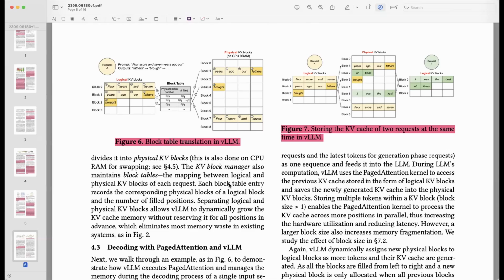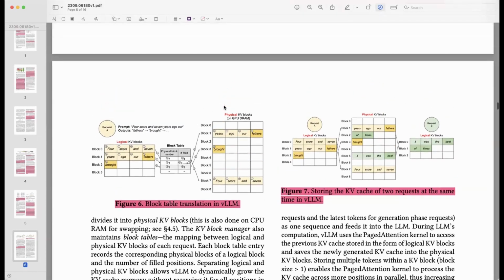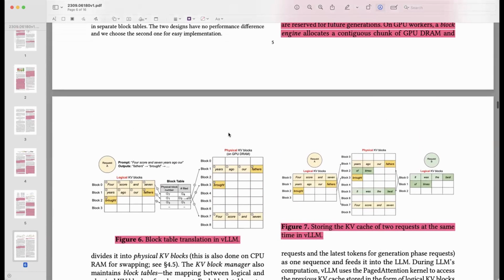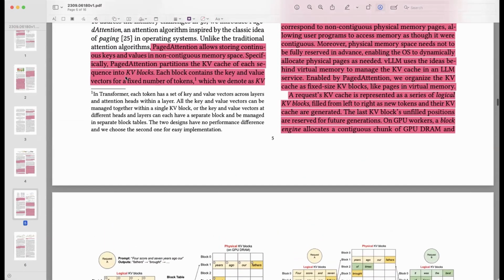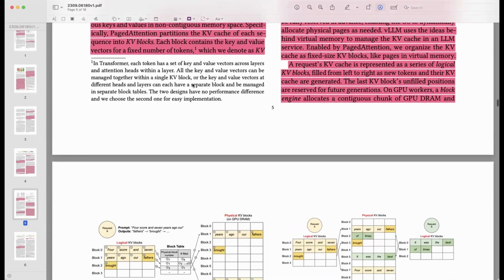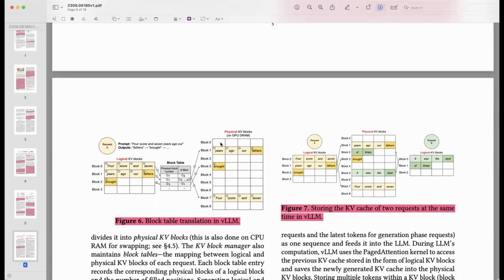Neha, I was wondering, are the blocks defined as a per-layer structure or per token position? They defined it per token. So the block size is equivalent to a fixed number of tokens. They would save all the KV cache values for a particular token together.